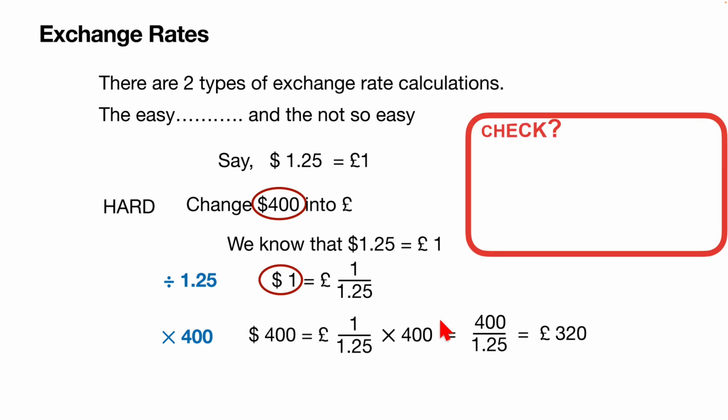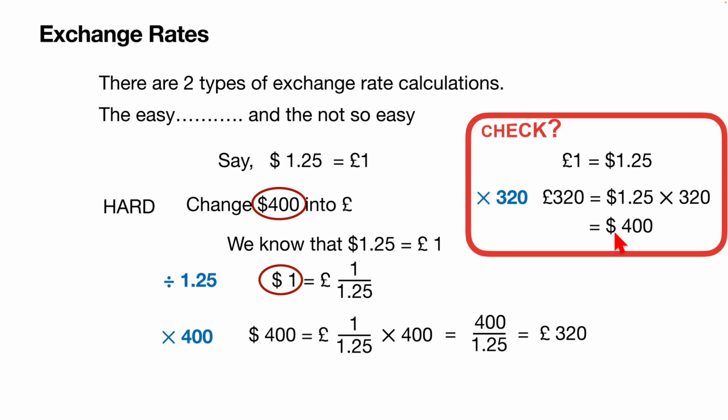The other side of the equation is a lot easier. So take what we know, £1 equals $1.25, and we're trying to work out what 320 is. So I'll multiply it by 320. £320, which is what I've just worked out, is equal to 1.25 times 320, which is equal to the $400 we started off with. So I'd be very happy that that was correct.